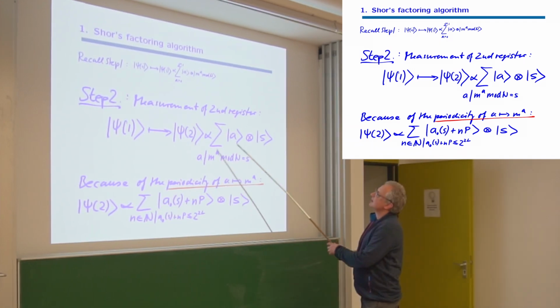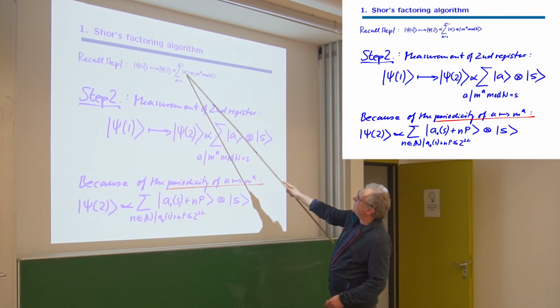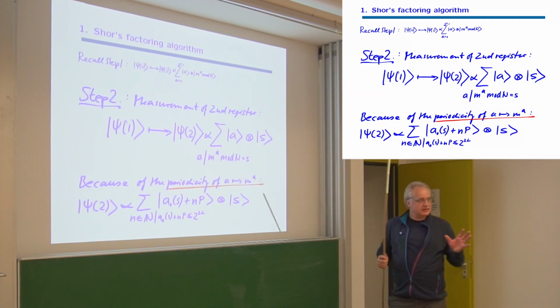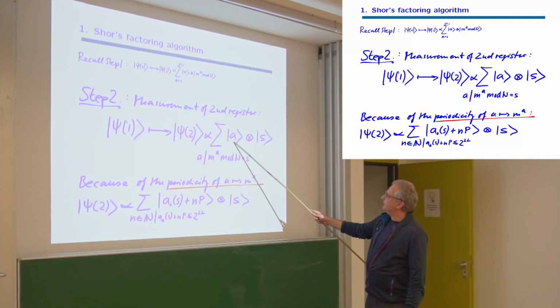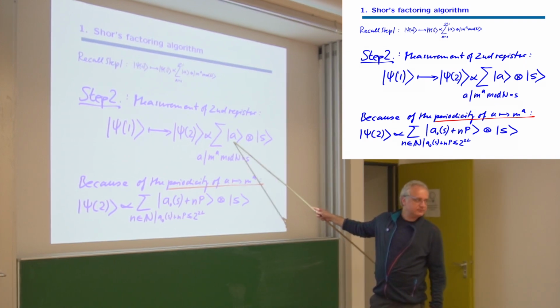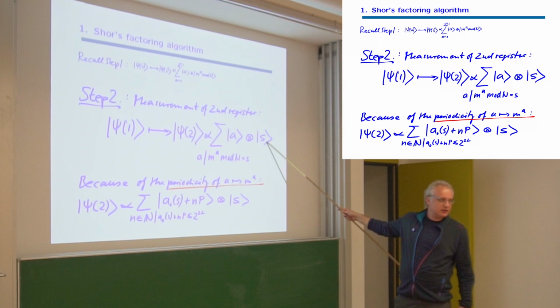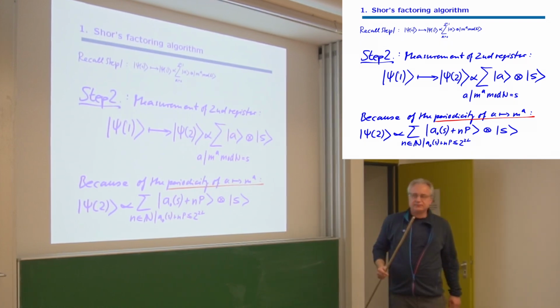And since this register at that stage was entangled with that register, you know what entanglement does, so there will be an effect on the former register as well. Yeah? And we cannot choose what the measurement outcome on that register is going to be. We have to live with what we get.